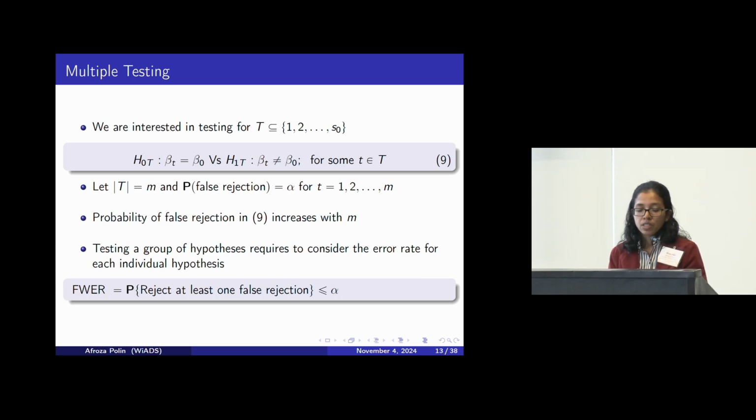Our contribution in this part is that we did the multiple testing for high dimensional data, so we use the family-wise error rate. That means you select alpha for the entire family, that is, the probability that at least one true hypothesis in this entire family will be rejected should be less than alpha.